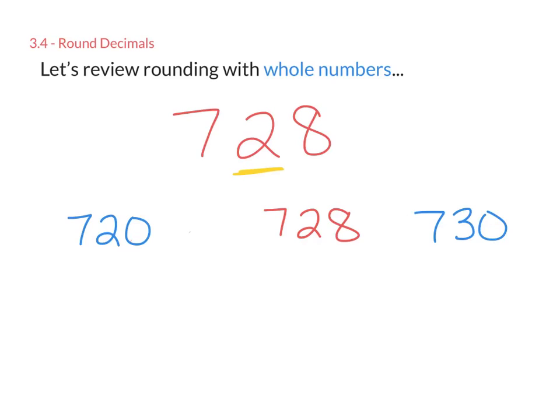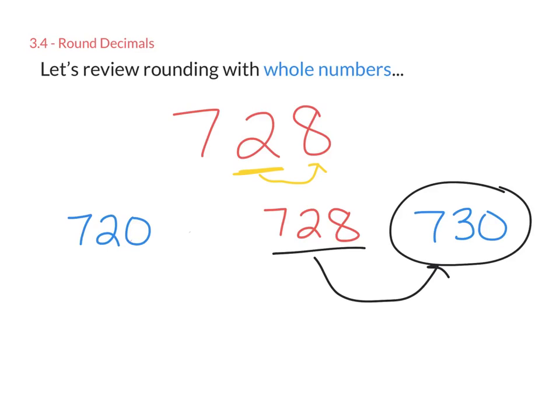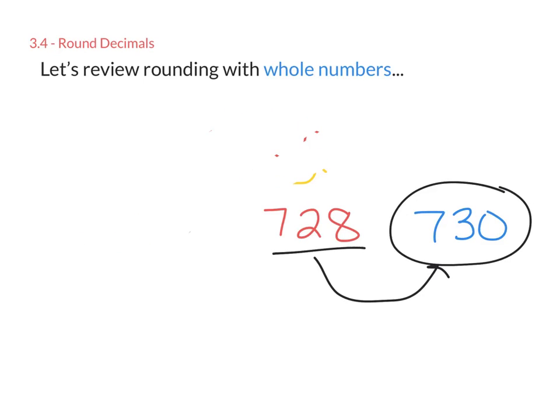To decide which number it rounds to, we're going to look one place to the right. That 8 is 5 or greater. That tells us we need to round up. So 728 rounds up to 730. That means that 728 is closer to 730 than it is to 720. Let's look at one final example with whole numbers, and then we'll move on to decimals.